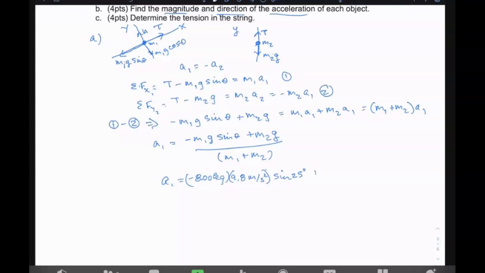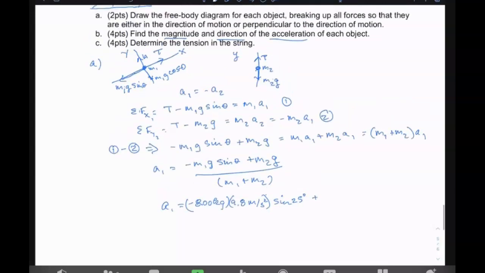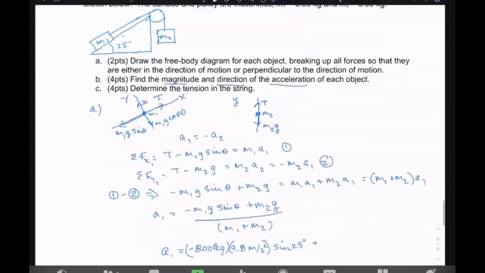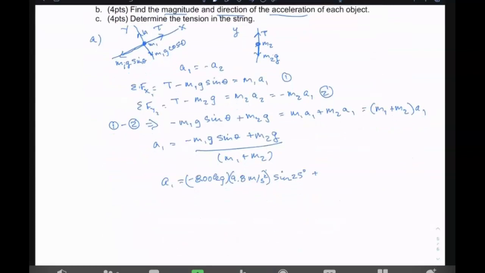Plus m2, which is 3.00 kilograms, times g.